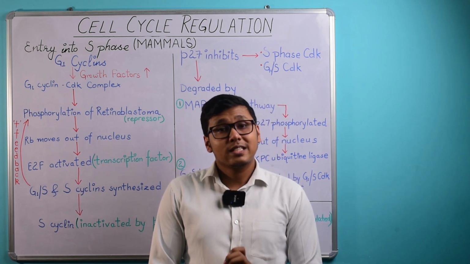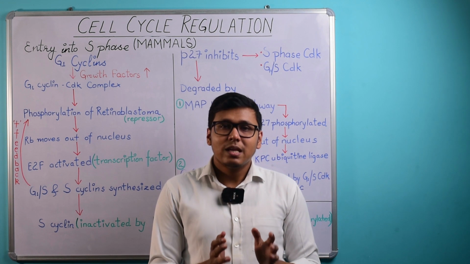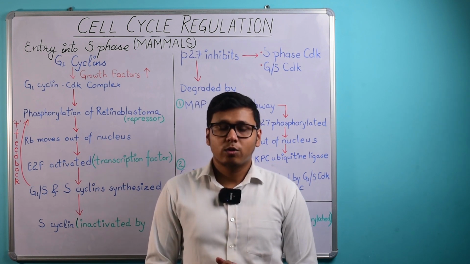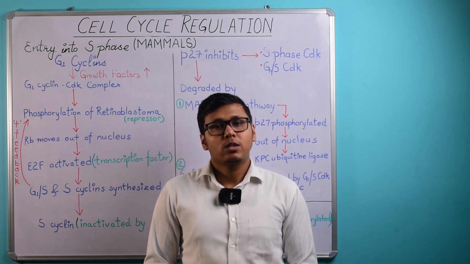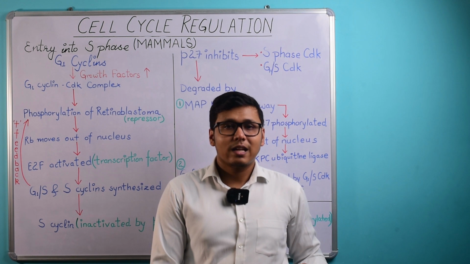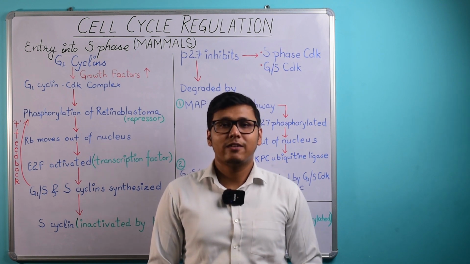And the biggest reason for that is that MCM helicase, which is responsible for the unfolding of DNA at the site of origin, can be loaded onto the DNA only when all the CDK and cyclin levels are low.